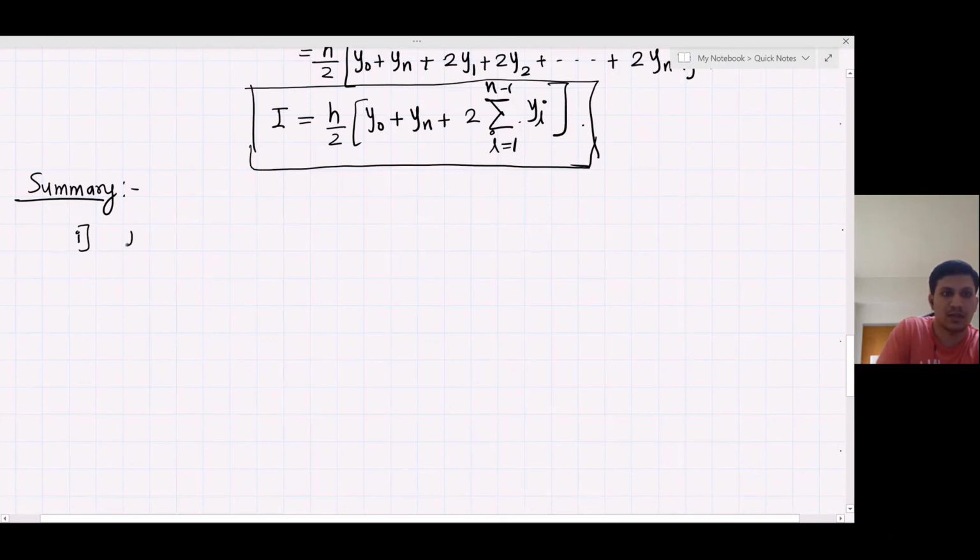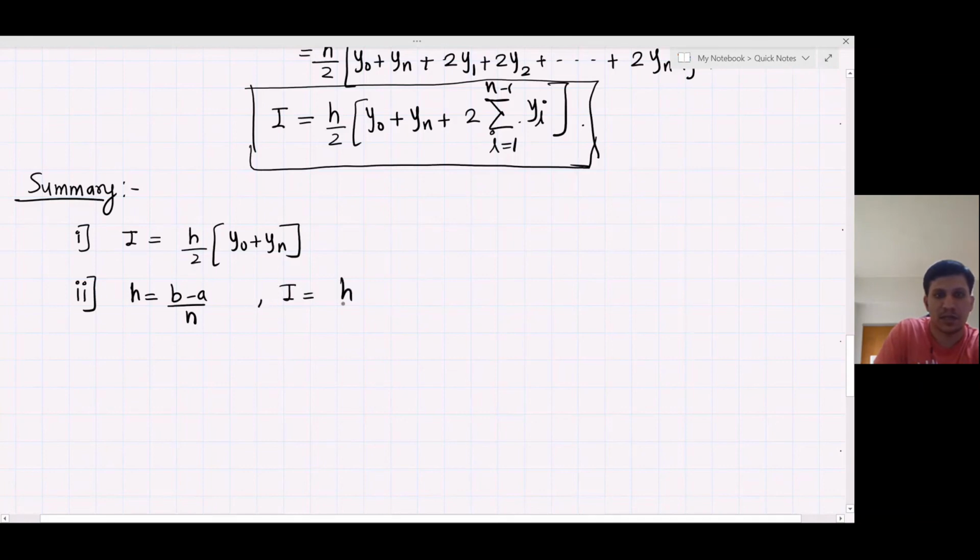If a single interval is there, then the integration is h by 2 (y naught plus yn). Or if there are multiple intervals, then we calculate h equal to (b minus a) by n, and we can write I equal to h by 2 (y naught plus yn plus 2 times the summation of yi, where i goes from 1 to n minus 1).